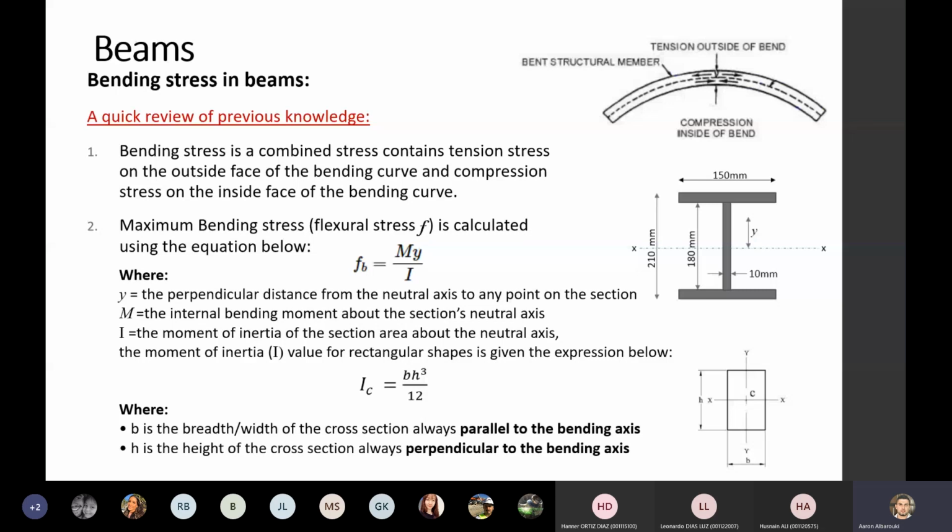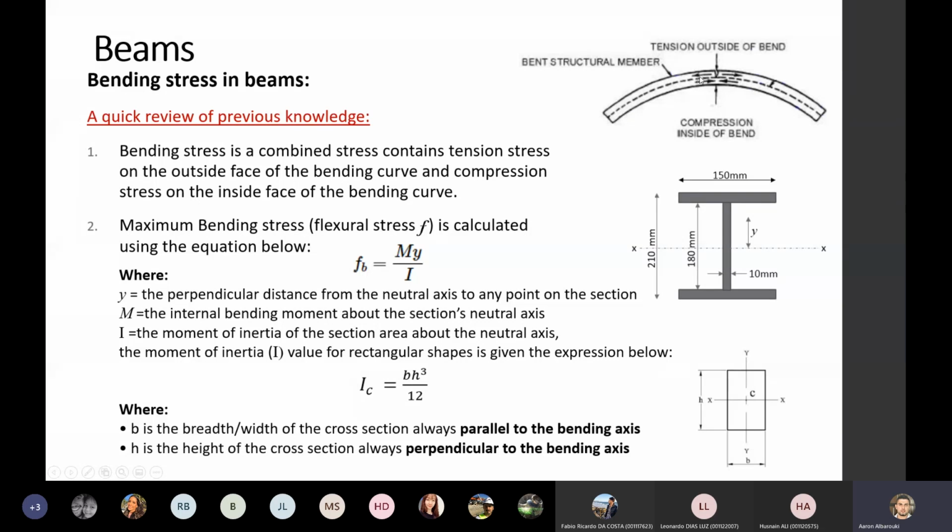bending stress. We agreed that the bending stress is a combined type of stress. It's not a simple stress, it's combined of two normal stresses, compression and tension stresses. So if I have a beam that's bending around this area, that's developing a tension stress on the top half of the beam, or the top part.